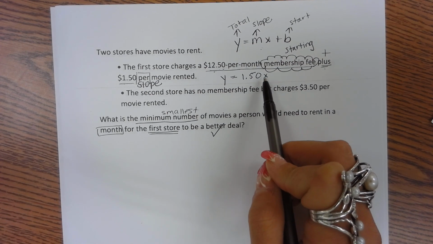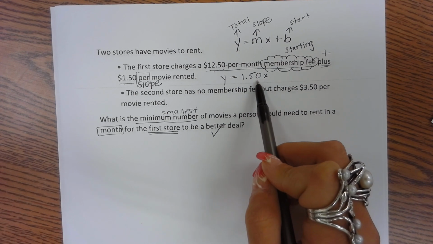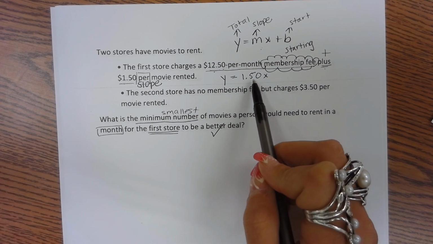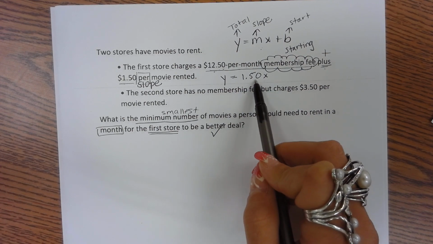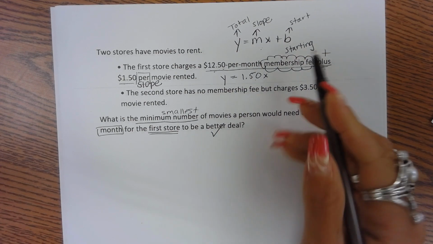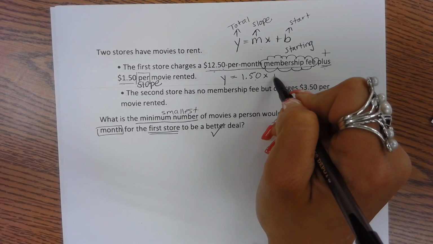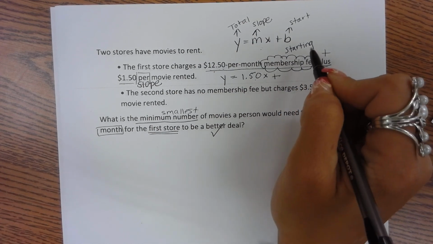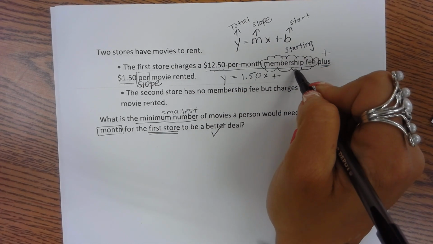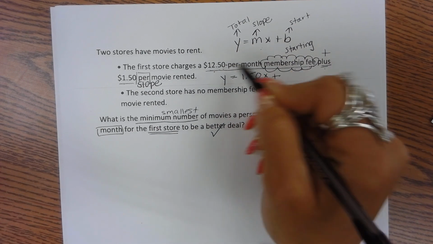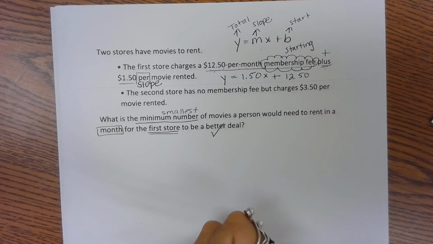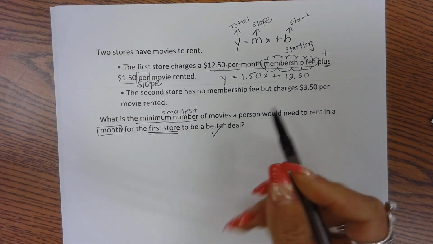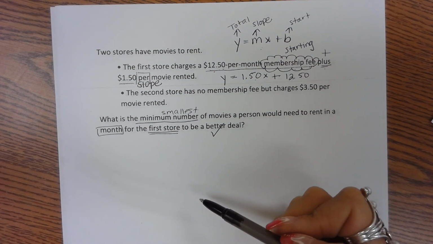But that's going to change my cost depending on how many movies I decide to take home, because for each movie, it will cost me $1.50. And no matter how many movies I decide to take home, that starting or initial cost for this membership fee is going to be $12.50. So there is your first equation.